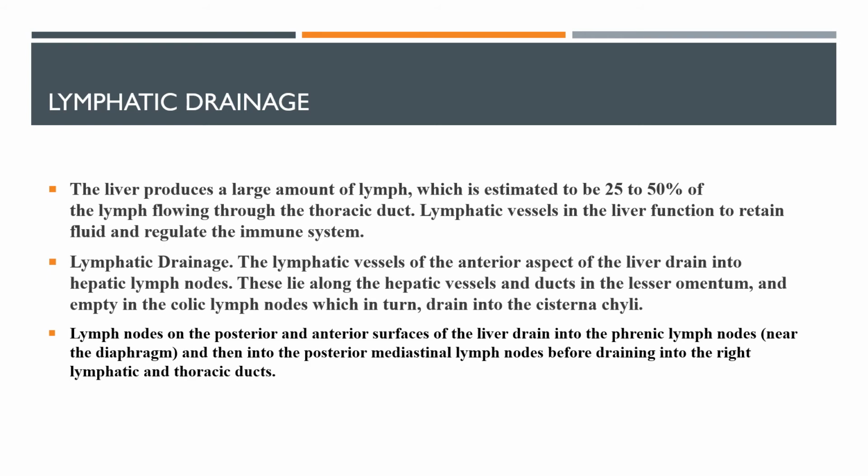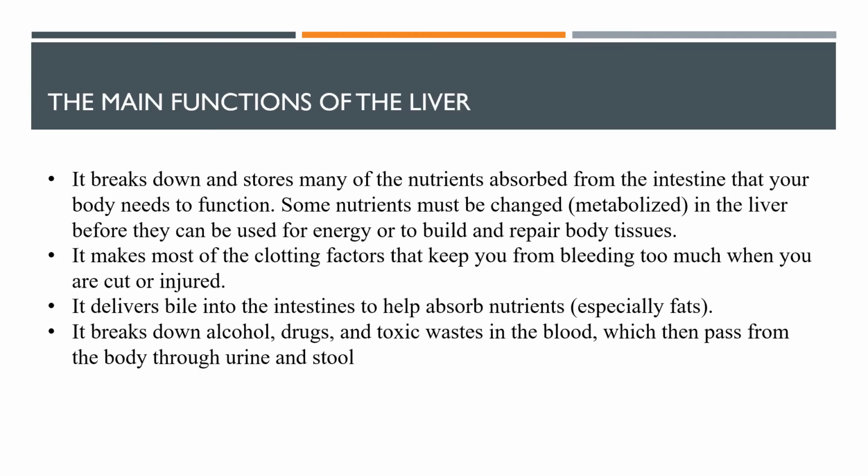These lie along the hepatic vessels and ducts in the lesser omentum and empty into the colic lymph nodes, which in turn drain into the cisterna chyli. Lymph nodes on the posterior and anterior surface of the liver drain into the phrenic lymph nodes near the diaphragm and then into the posterior mediastinal lymph nodes before draining into the right lymphatic and thoracic ducts.